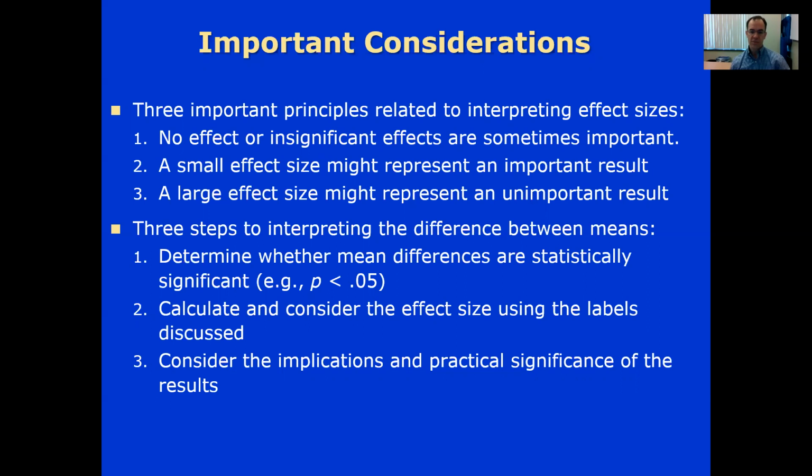And finally, consider the implications of practical significance of the results, whether it be no effect, small effect, or large effect, using those considerations as we just talked about in terms of the interpretation and implications and its practical significance. So this concludes the section on effect size. So make sure you understand this. We're now going to move on to meta-analysis.